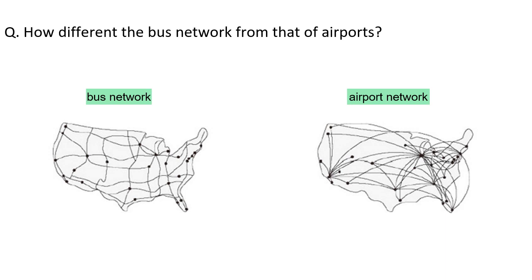In the airport network, you can see a heavily connected network. However, in this bus network in the United States, the connections are very few. Even if some nodes have many connections, they are very small compared to the airport network.